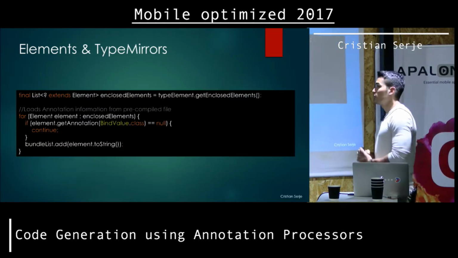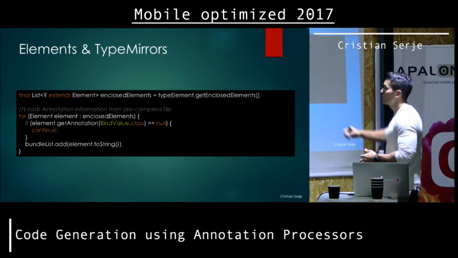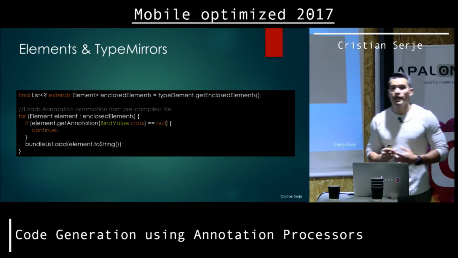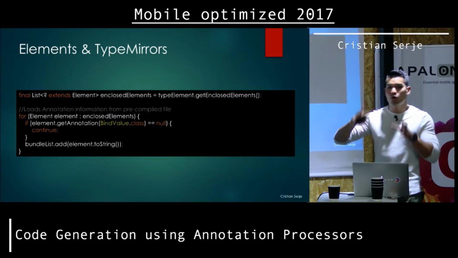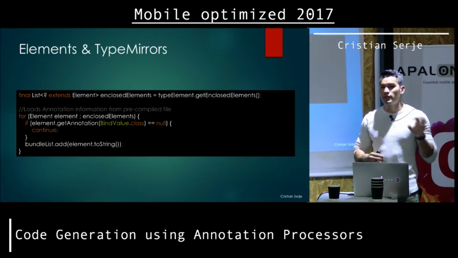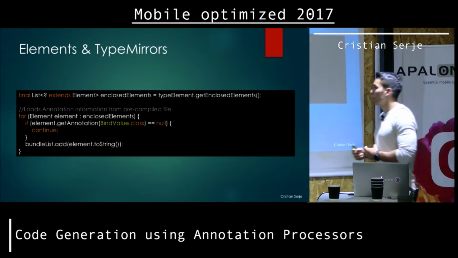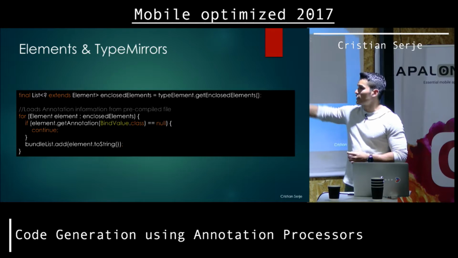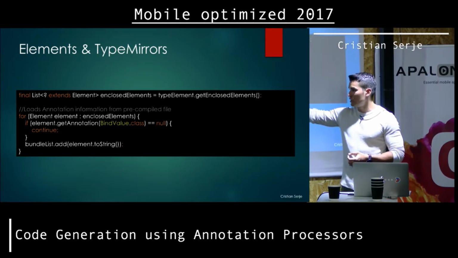This is an extract of the demo app as well. What it's doing here, this is the type element over there. It is the class that was annotated. And what I'm doing here is going through all of the fields that the class element has. I'm just going to ignore all of the fields that don't have the annotation bind value, and if it has the annotation bind value, I will add it to the array.